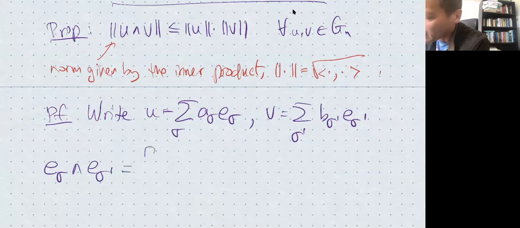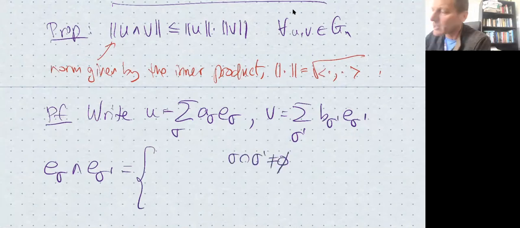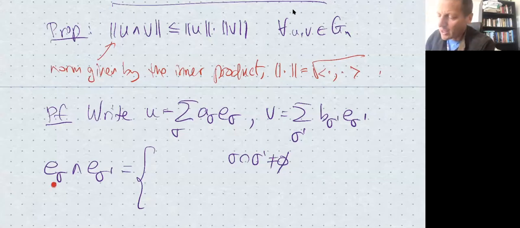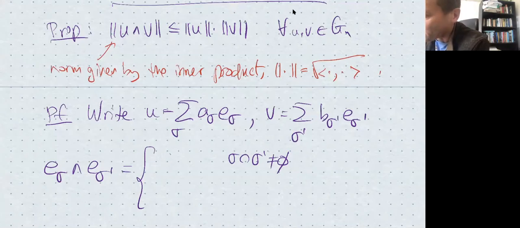Well, there are two cases. In the first case, sigma and sigma prime have a non-trivial intersection. Each sigma is a multi-index of some length, and sigma prime is a multi-index of some length. The numbers appearing in these multi-indices may intersect. For example, 1 could be an element of this multi-index and also this multi-index, and then we say that the intersection is non-empty, and then this thing vanishes.